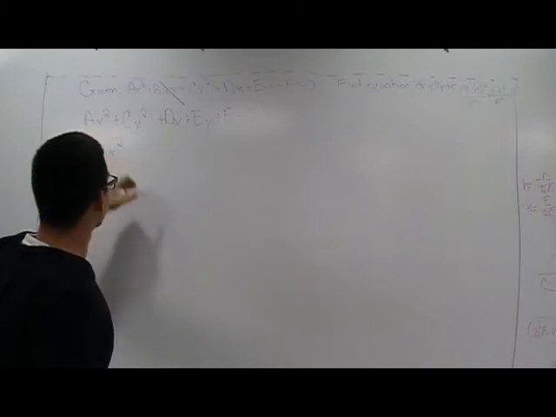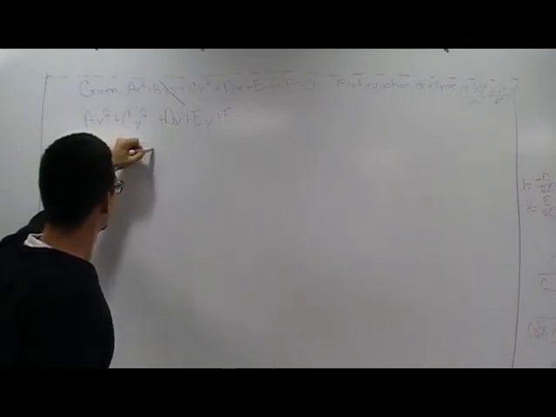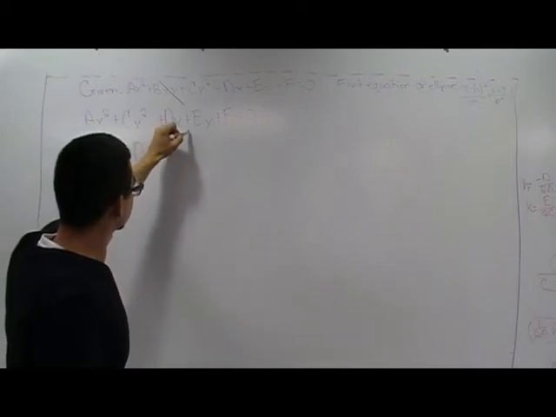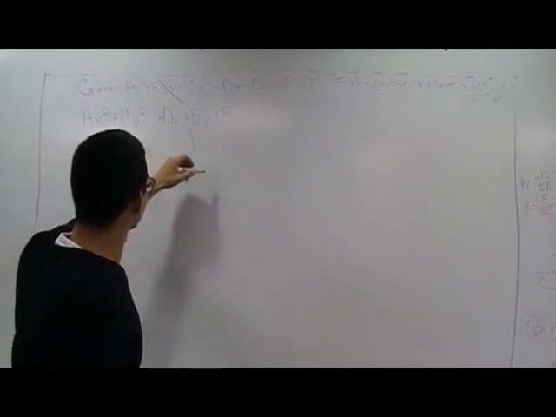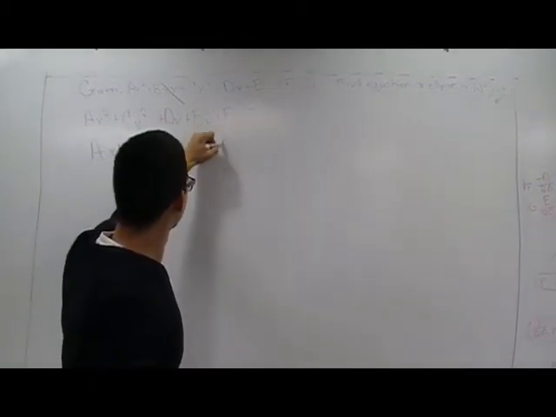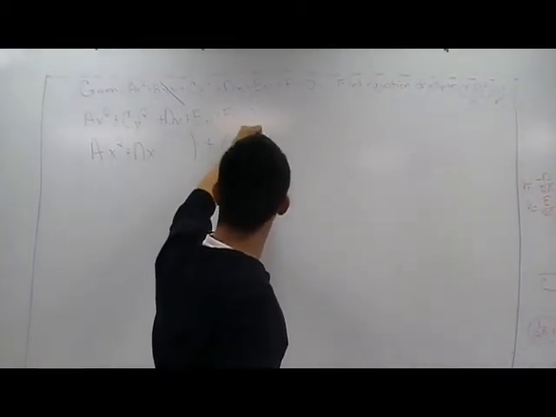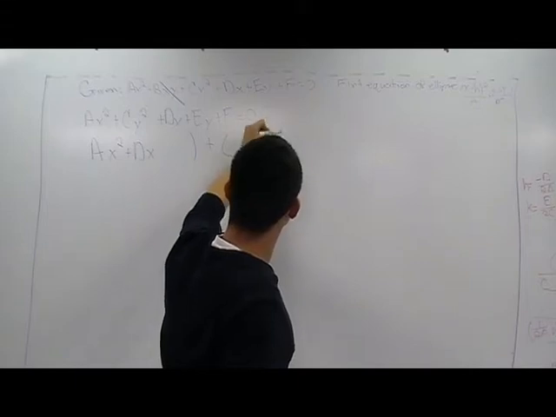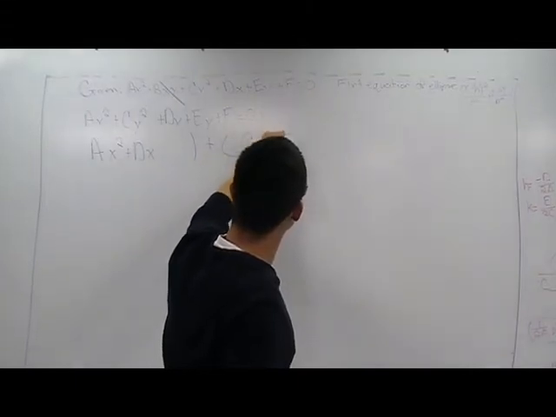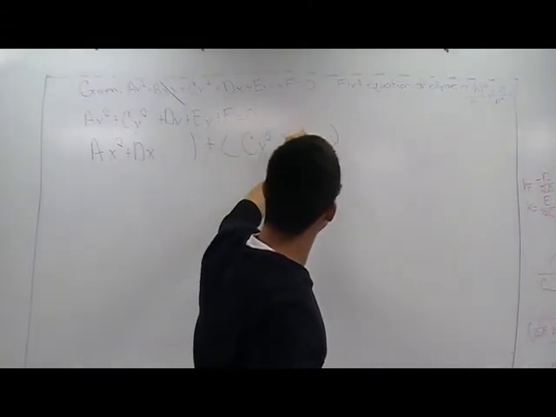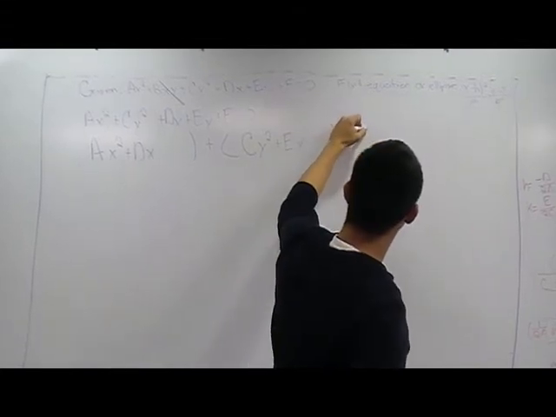So we can do ax squared plus dx plus cy squared plus ey equals negative f.